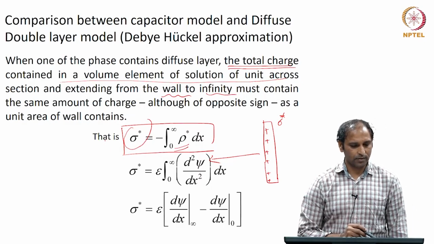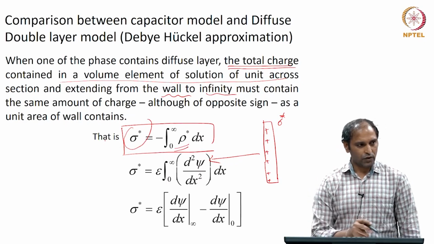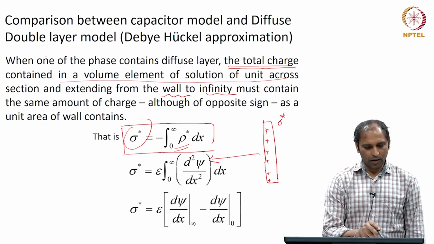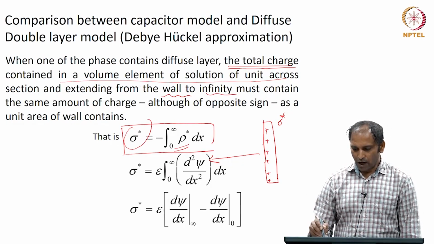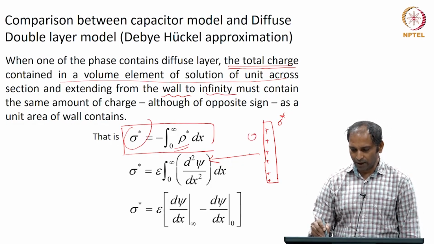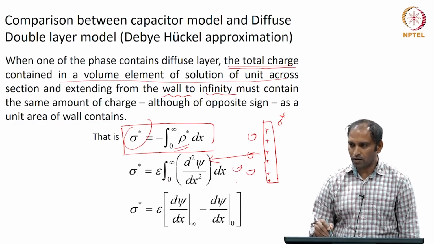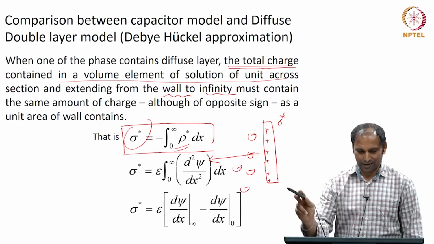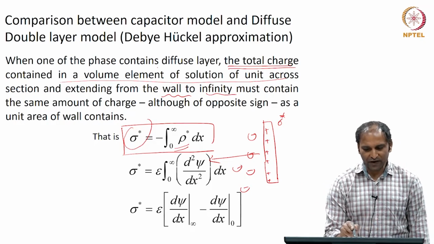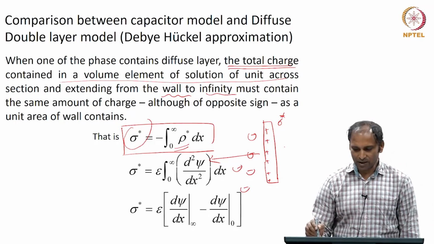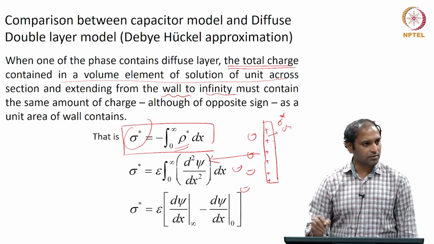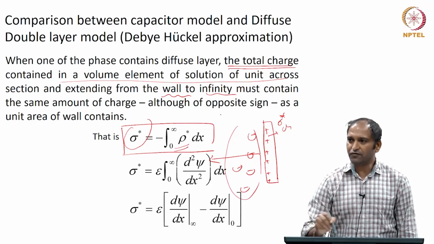Is that okay? So, imagine that now I have a diffuse double layer. When one of the phases contains a diffuse layer, that means this is a charged surface, and I have a diffuse layer.